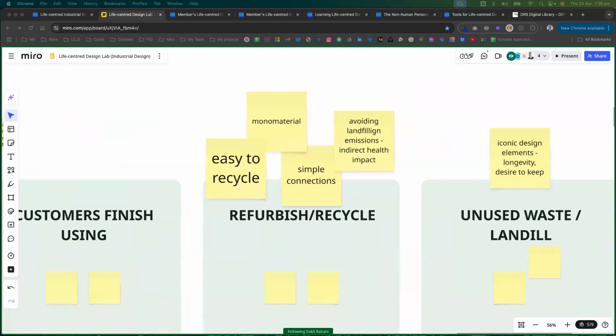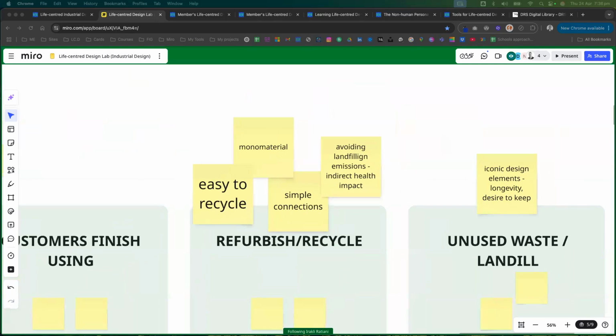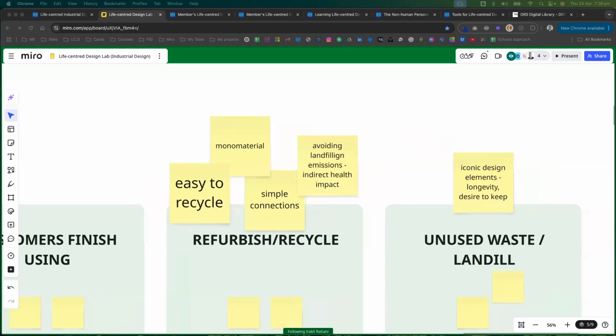For refurbishing and recycling, probably to have some kind of design for disassembly approach, because if you facilitate disassembly at the end of life, indirectly you are also taking care of people's health, because otherwise it would go for incineration and landfill, and you are trying to avoid those emissions in an indirect way, and for the society's health and hygiene, that could work positively.